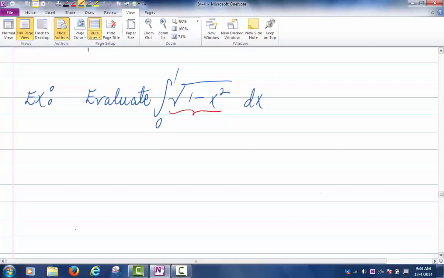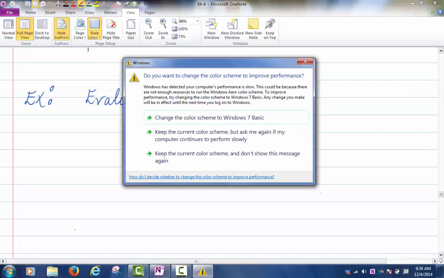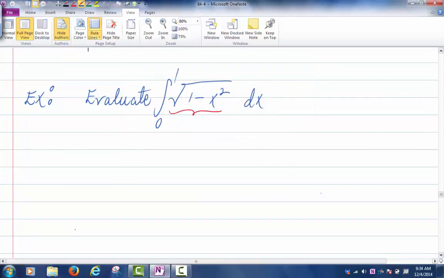as an area. Okay. So this definite integral, what is the integrand? Is the integrand a continuous function from 0 to 1? Well, remember, root functions are continuous on their domain, right?